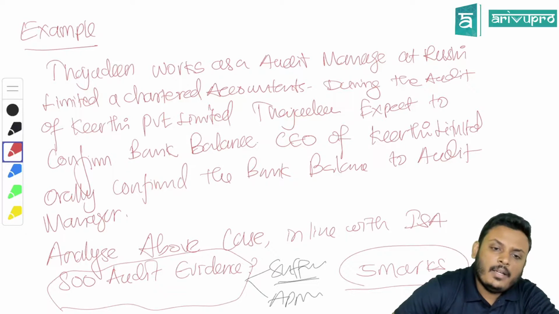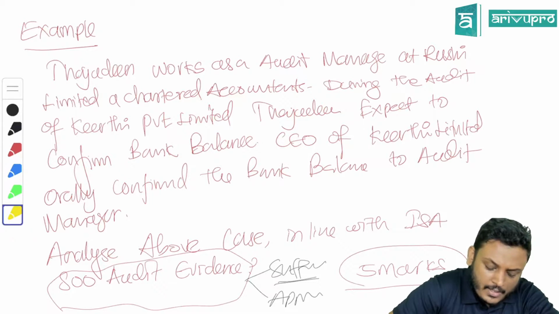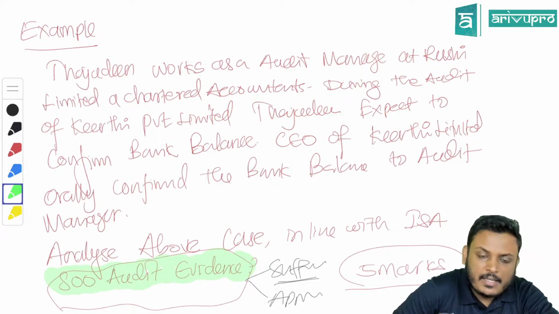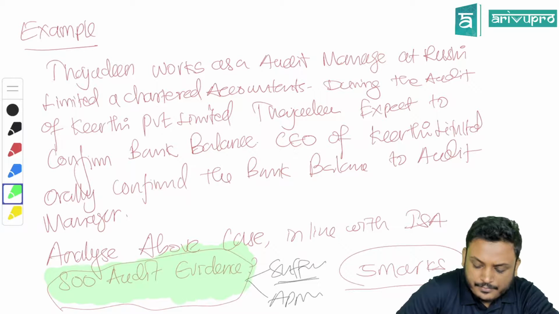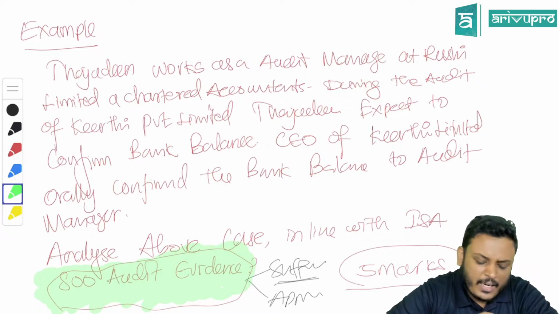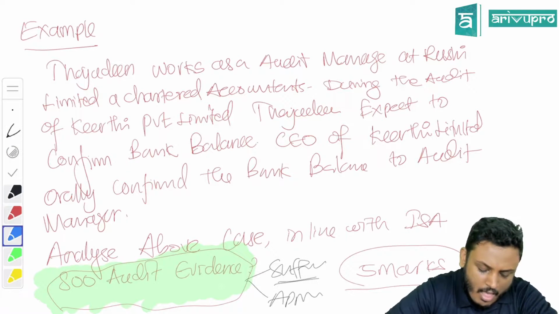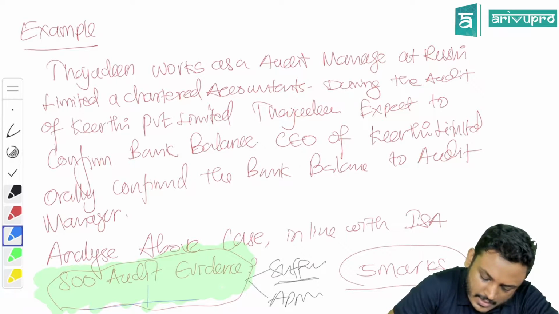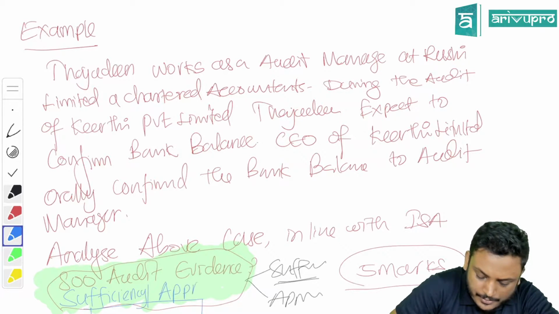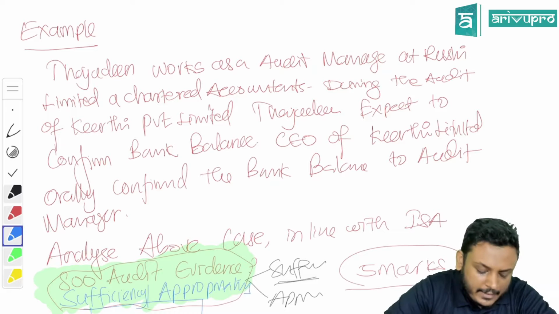So here, they ask us to apply ISA 500 audit evidence. This standard speaks about sufficiency and appropriateness.